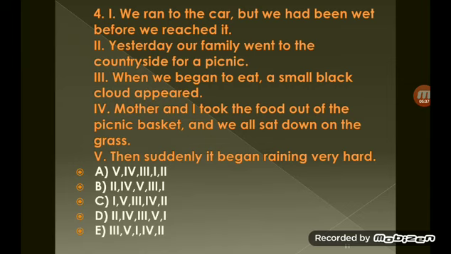So we eliminate option A. Option B begins with, yesterday our family went to the countryside. Yes, this could be a possible beginning. I'm just dropping a hint over there. See option E also. It begins with, when we began to eat a small. So a paragraph, a story cannot begin with when we began to eat. There has to be some sort of an introduction to the situation.